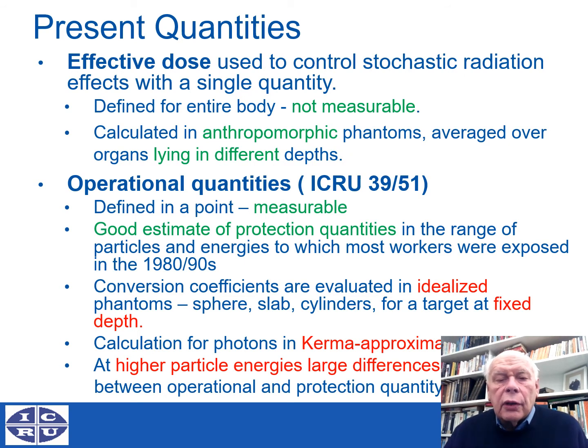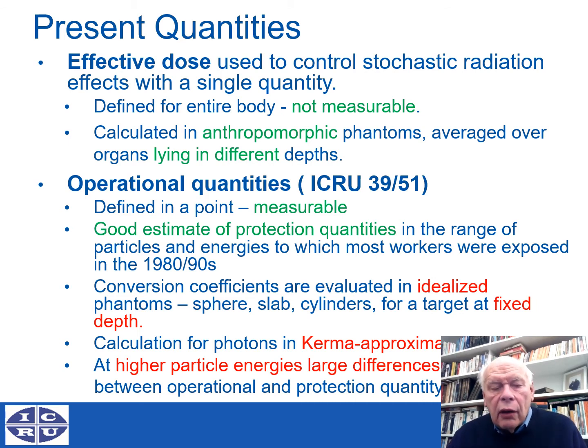So, first summary: the effective dose is used to control stochastic radiation effects with a single quantity, which is defined for the entire body, so it's a whole body quantity. It is calculated in an anthropomorphic phantom and averaged over organs which lie at different depths. The operational quantities are defined at one point and therefore are measurable. They provide a good estimate in energy ranges which were of interest at the time when they were established.